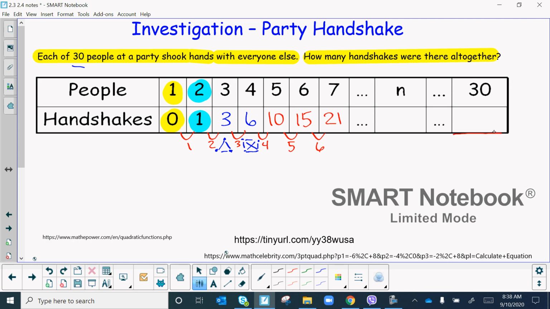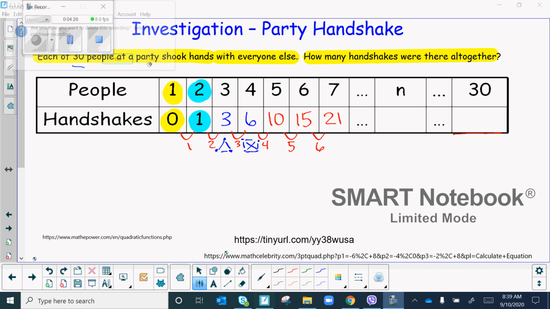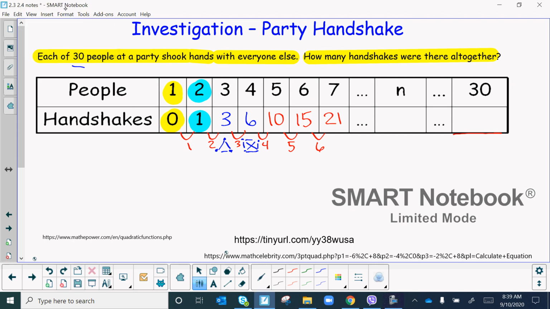Now you can keep going, since 30 is not too large of a number, but usually you want to find a mathematical model to represent this to where you can figure out and just plug in 30. Sorry, I thought I lost all my video there for a second.